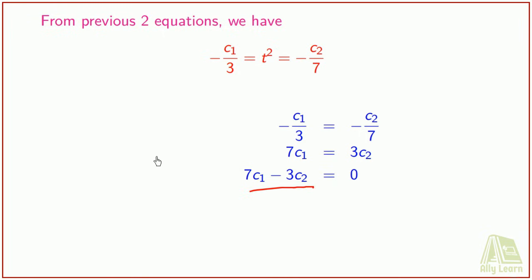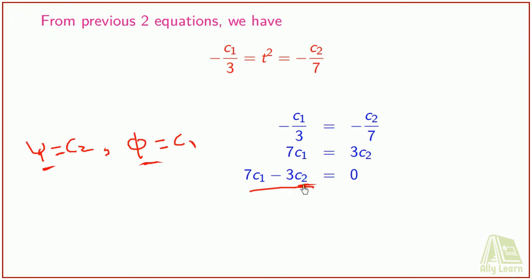Now, as you must be remembering, I had phi equals C1 and psi equals C2. So what I am doing next is putting phi instead of C1 and psi instead of C2.